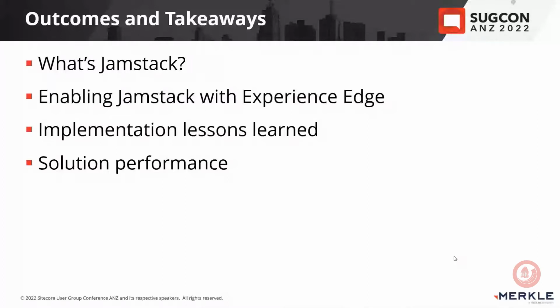So we'll talk a little bit about that, some of the common traits and attributes of a Jamstack architecture. Then we'll talk about Experience Edge and how it, along with Sitecore JSS, fits into that composable Jamstack architecture and picture. And then, kind of the meat and guts of this really are going to be, we implemented Experience Edge.